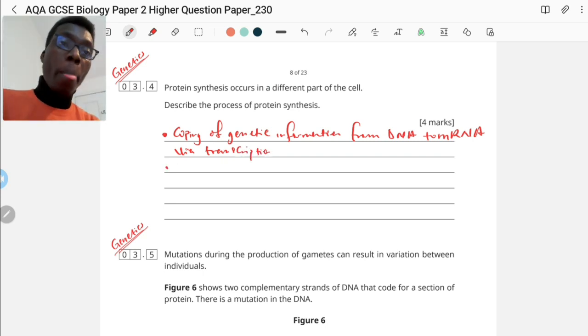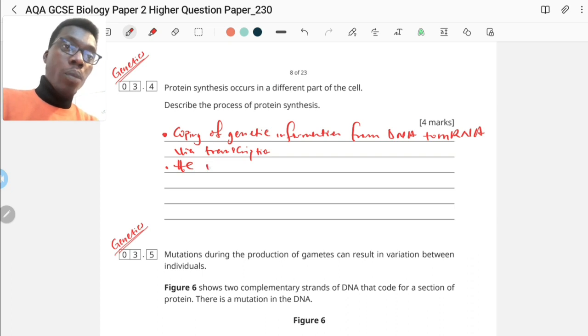Next point, the interpretation of the genetic code by tRNA.